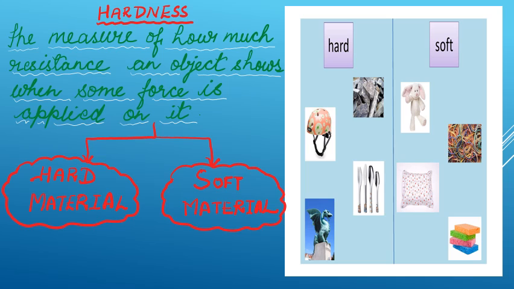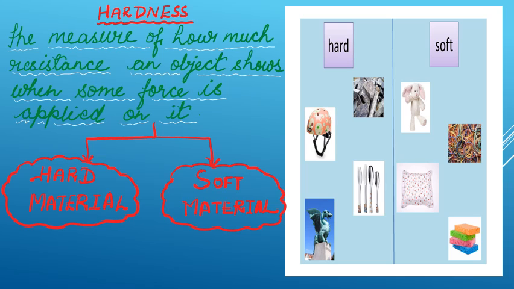To understand this, let's do an activity. Just collect a few things available at your home, like cotton, wool, a wooden bat, a cricket ball, a small stone, a piece of iron, and a piece of sponge.